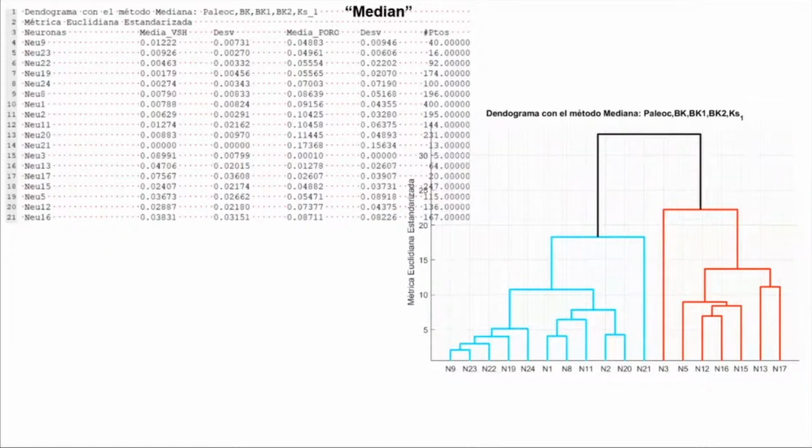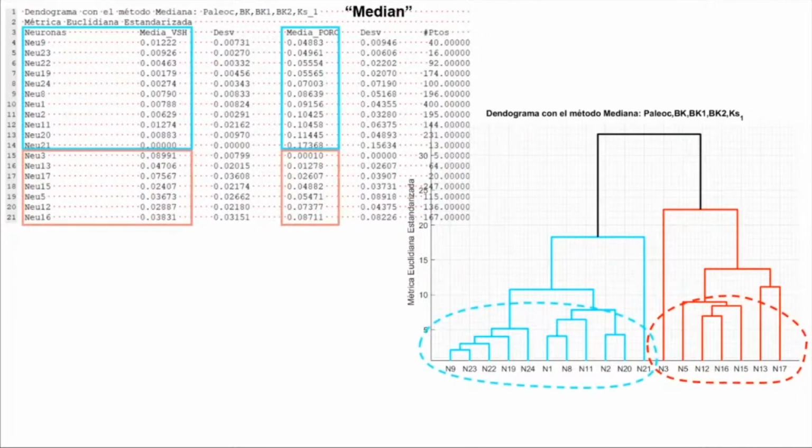Additionally, we wanted to apply a tool from multivariate statistics known as cluster analysis that allows us to identify the neurons with higher relation or similar characteristics, in this case from two petrophysical properties, porosity and volume of shale. They are conformed by cluster number 1 and cluster number 2.